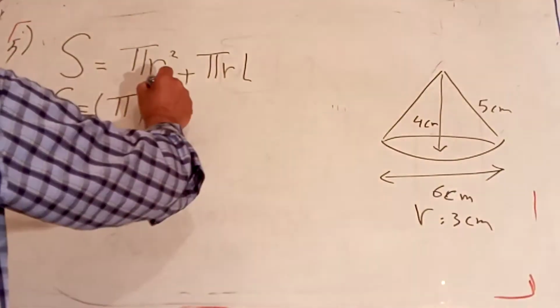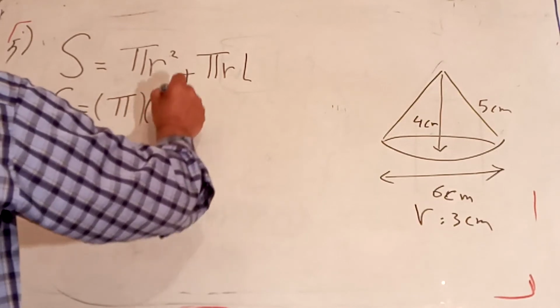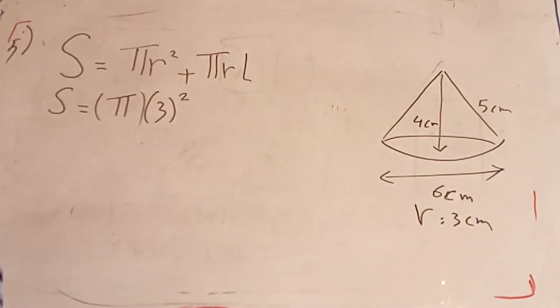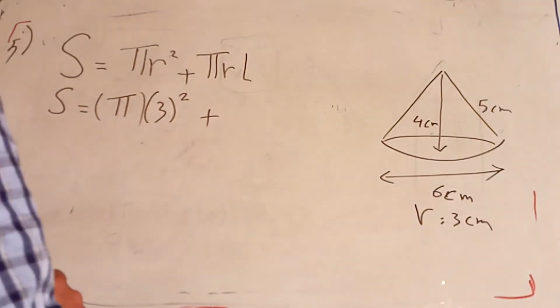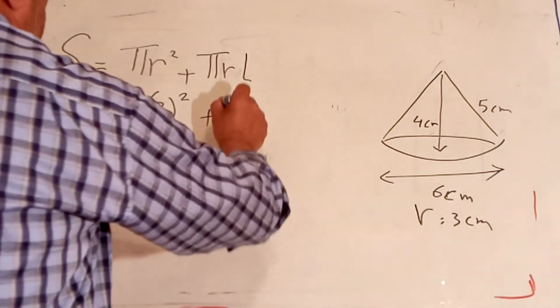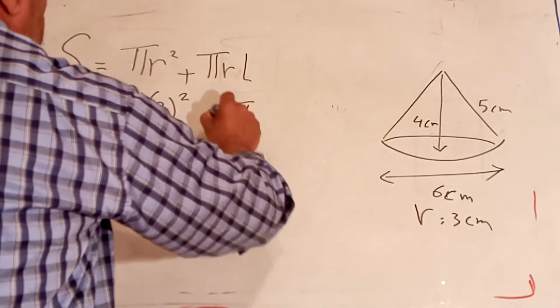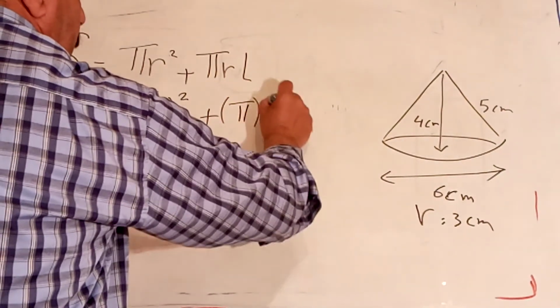So pi multiplied by 3 squared, r squared, plus pi r l, which is pi multiplied by r, which is 3, multiplied by l.